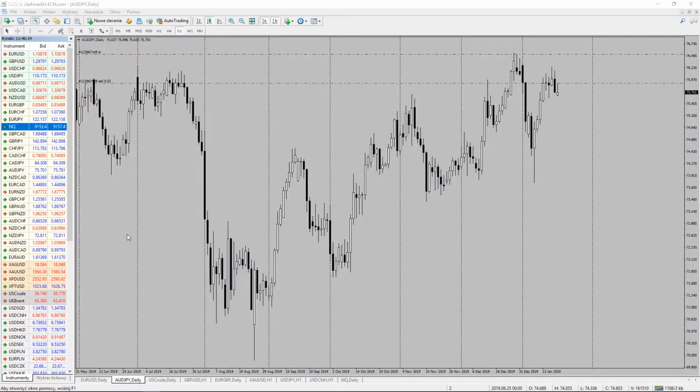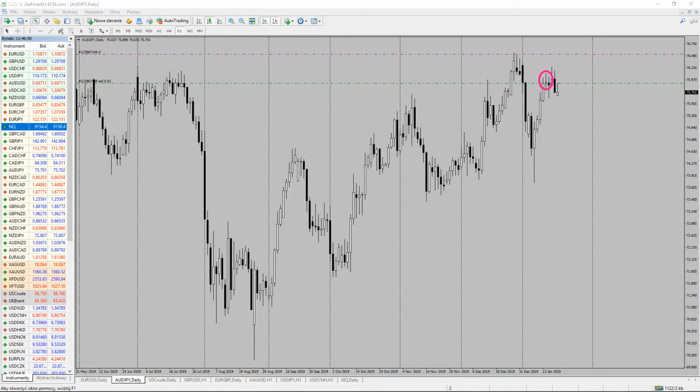The first one is Australian dollar versus Japanese yen. If you remember, we were discussing my approach quite a few times. I started to trade a few days ago.